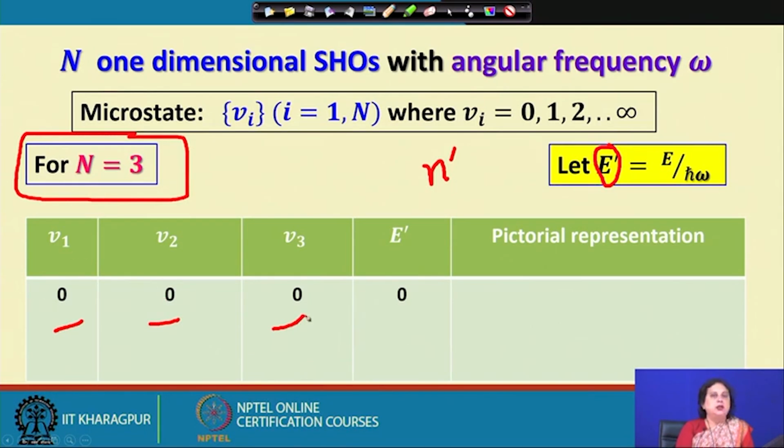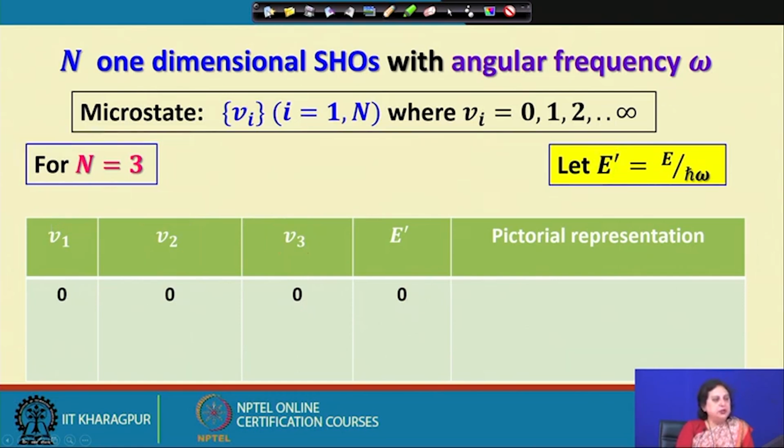All 3 oscillators are present with their respective quantum numbers equal to their respective minimum values, okay? And they add up to E prime, which is nothing but 0. Now, I am going to have here a pictorial representation of the situation that is going to be useful for us in the next part of the discussion.